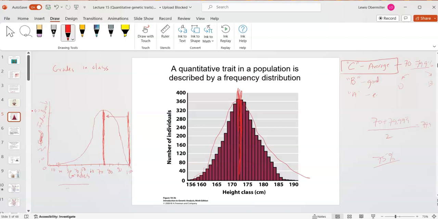How many people would be happy about that? None. But surprisingly and psychologically, if I make the exam harder and the average comes to here, then I would curve it up to be in line with what the average grade is. So most professors make their exams a little harder.